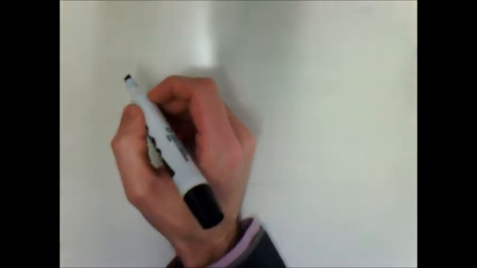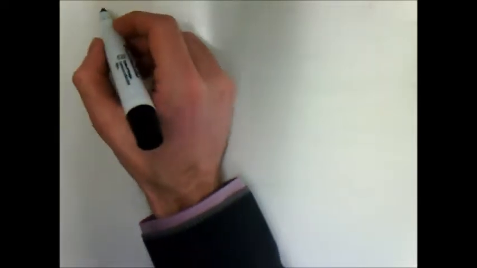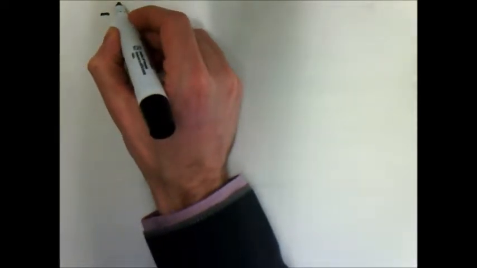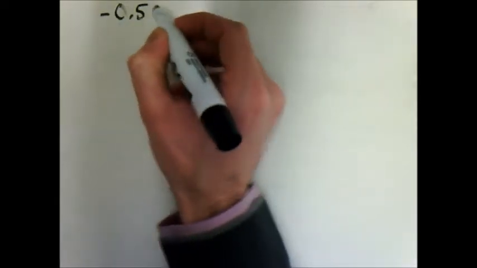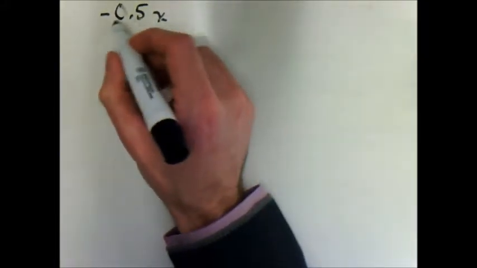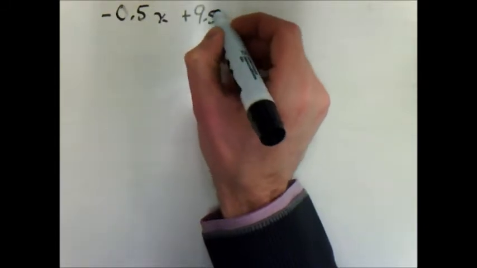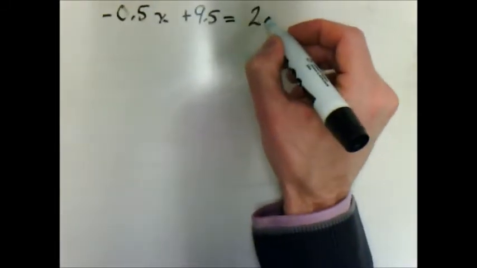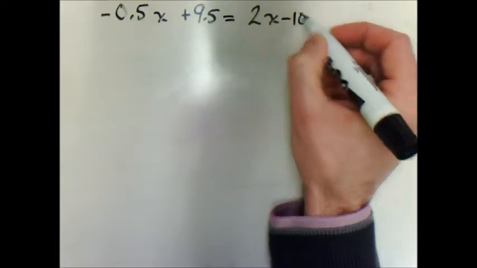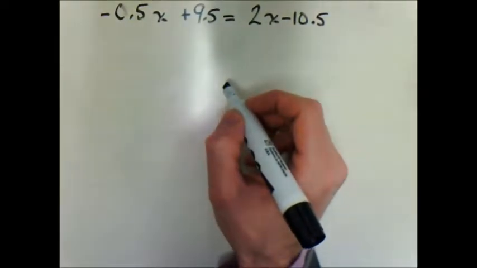We have our two equations. We're going to set them equal to each other. So we're going to use negative 0.5 for the slope of the first line, that's the same as negative a half, plus 9.5 equals 2x minus 10.5. Now I want to isolate my variable.